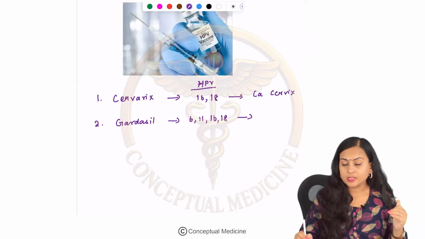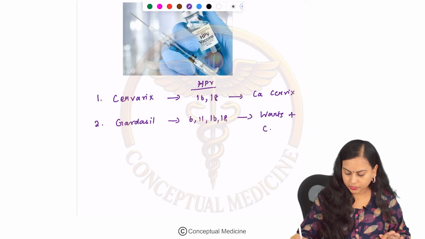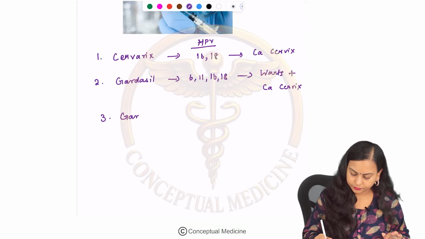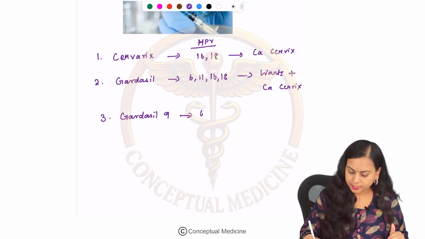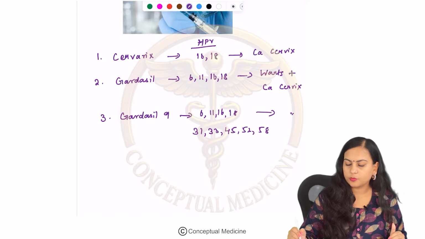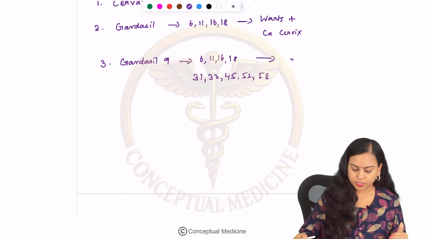With this vaccine we have protection from genital warts as well as CA cervix. And the third type of vaccine is Gardasil 9. This is active against HPV types 6, 11, 16, 18, 31, 33, 45, 52 and 58. This also protects against genital warts as well as CA cervix.